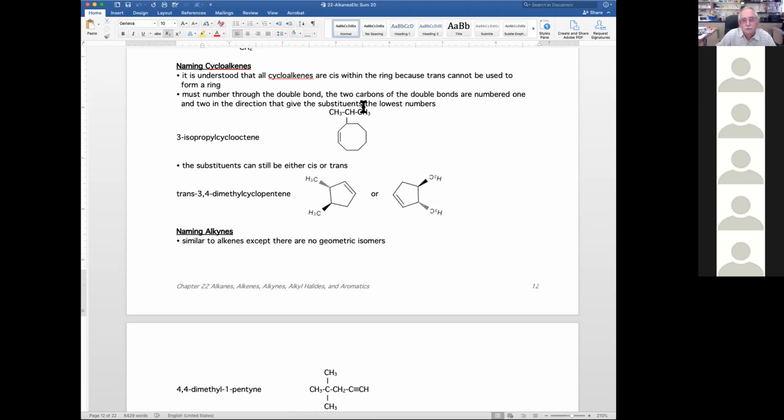So here are my choices: 1, 2, 3, 4, 5, 6, 7, 8, or 1, 2, 3. I'm going to go this way to get the lowest numbering. If I say cyclooctene, I simply would draw this, right? And then if it's 3-isopropyl, where do I put the isopropyl group? 1, 2, 3, it would be here, or 1, 2, 3, it could go there. Does that make sense?